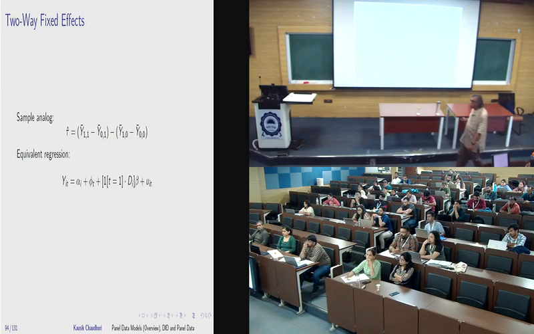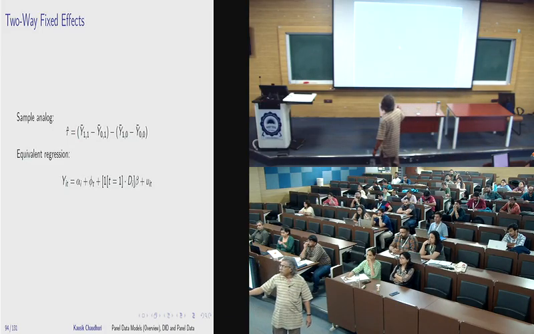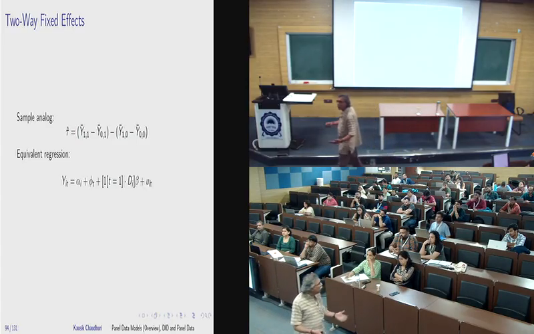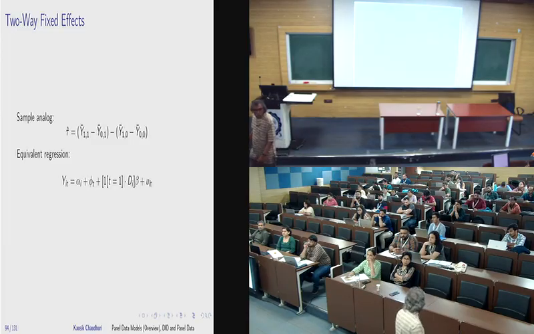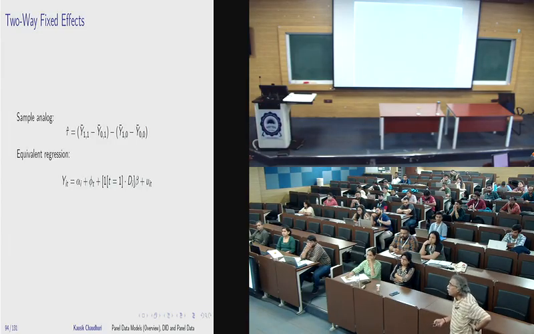Equivalent regression: unobserved heterogeneity alpha i, unobserved aggregate shock phi t. I then have this interaction term, and I run simply this regression, without the controls or with the controls, whatever way you want to think about it. And I would be interested in the coefficient beta. Clear? Fine? So that's how I do it.